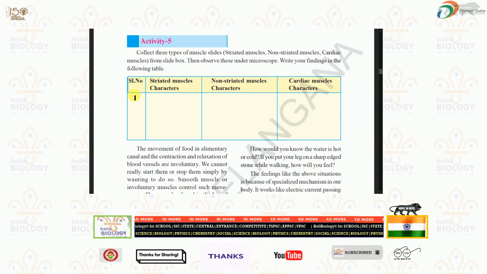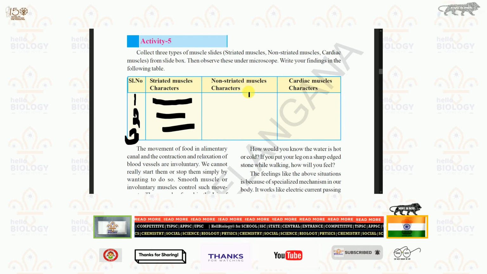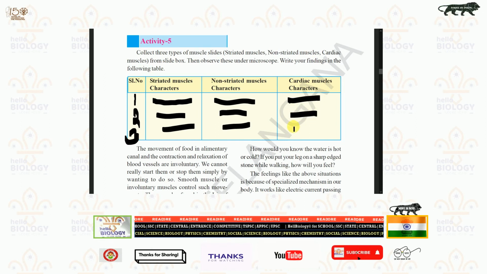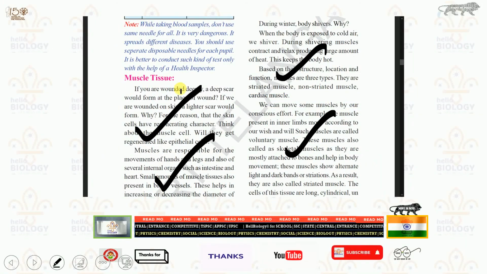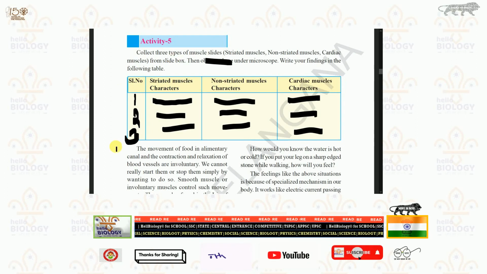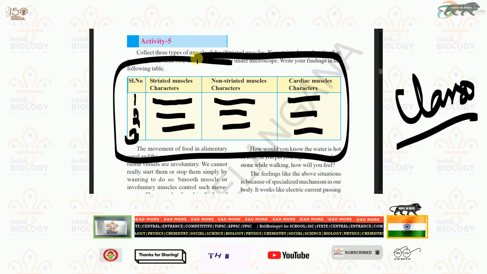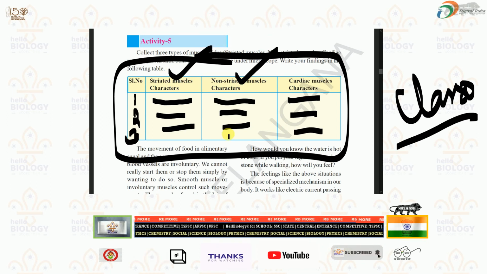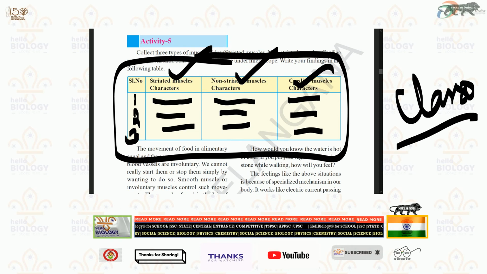That means for serial numbers 1, 2, 3, write striated muscle characters; then write non-striated muscle characters 1, 2, 3; and cardiac muscle characters 1, 2, 3. With the help of the above text, starting from muscular tissue, you will have a small textbook activity. You need to fill this tabular column in your classwork. Then you will understand the difference between striated muscle characters, non-striated muscle characters, and cardiac muscle tissue characters.